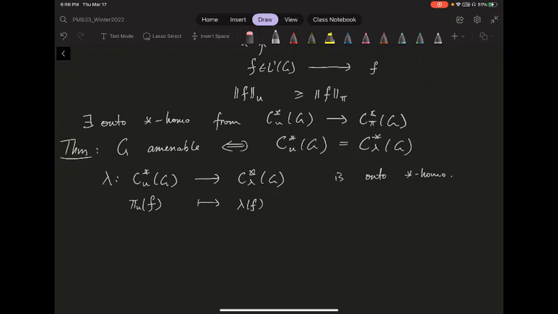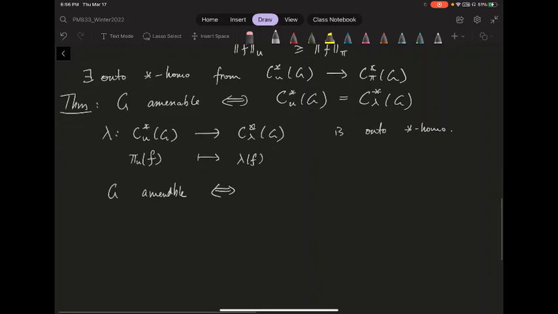So in other words, G is amenable if and only if this lambda is not just onto, but also an isometric isomorphism. And there's one little result about C star algebras: if you have an isomorphism between two C star algebras, then it has to be isometric.